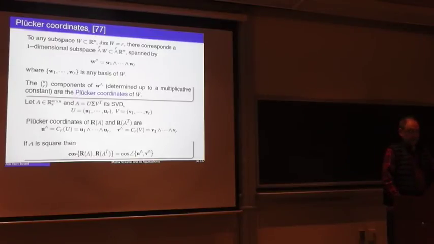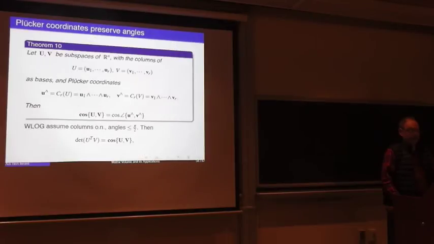Okay, now, if you have any two subspaces and you look at the matrices formed by their bases, then you take the Plücker coordinate of one subspace.